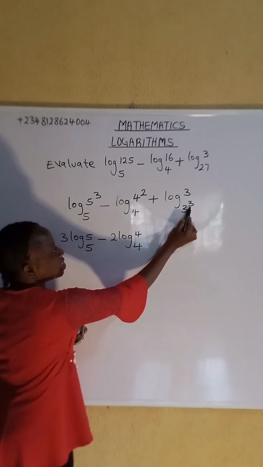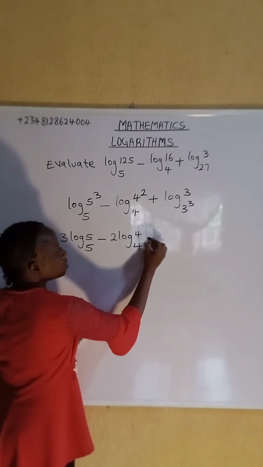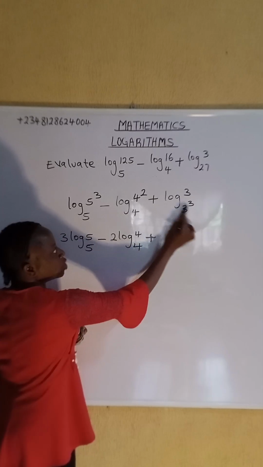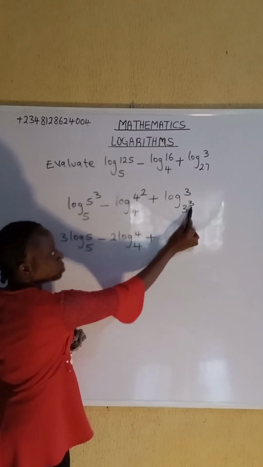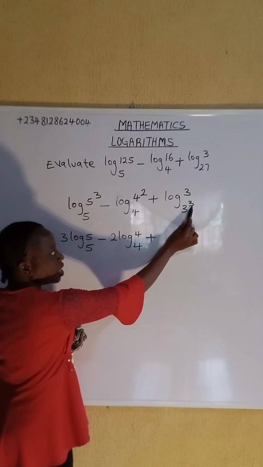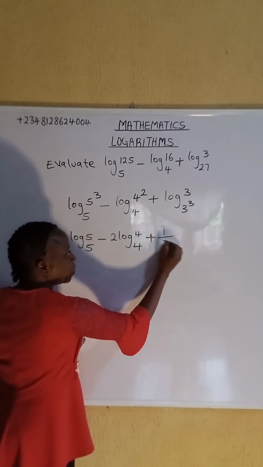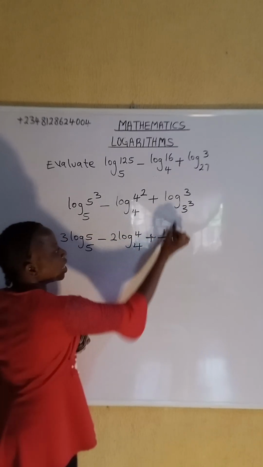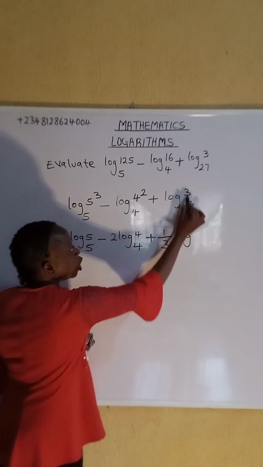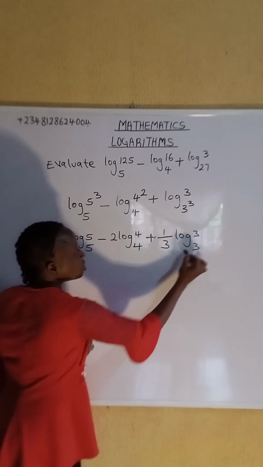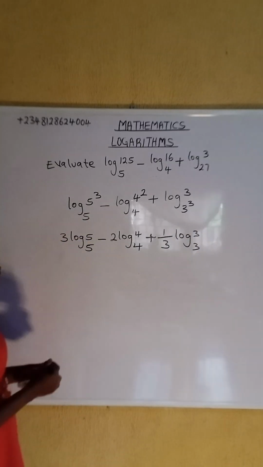Now this power will come to the front of the logarithm. That will be 1 divided by 3. Now we are left with log 3 base 3. Then we can simplify further.